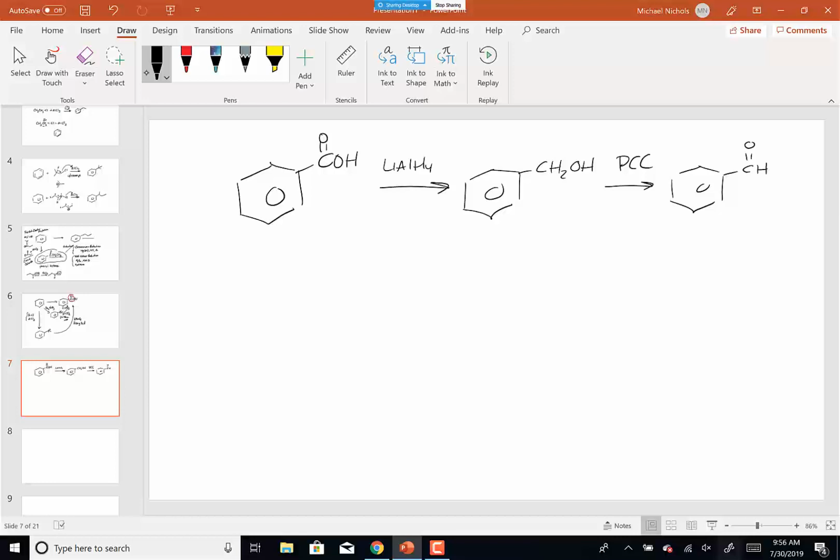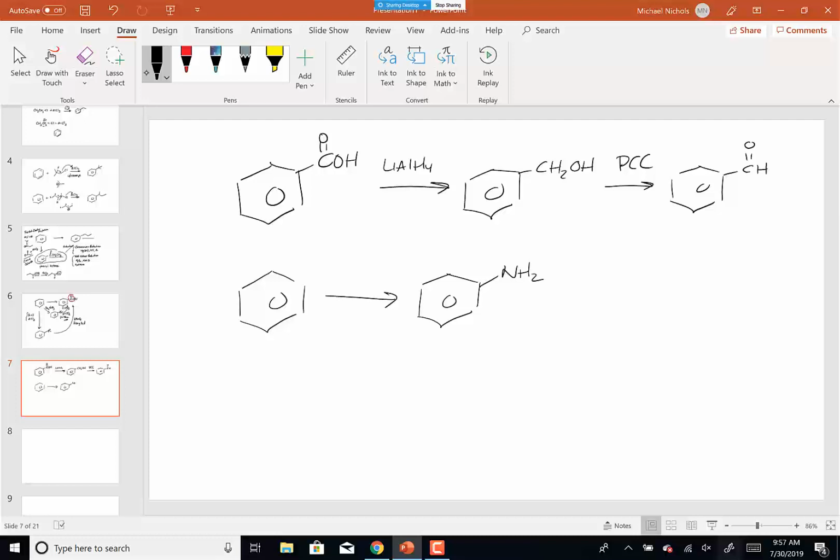Let's see. Other groups to add on to the ring. We want to convert sometimes the benzene ring.